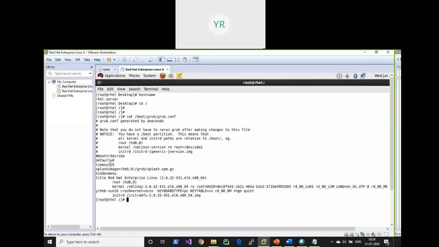Next, timeout. As I already told you, after BIOS there is a splash screen, which stays for some time. The timeout is this one. 5 means 5 seconds; it will wait for 5 seconds.